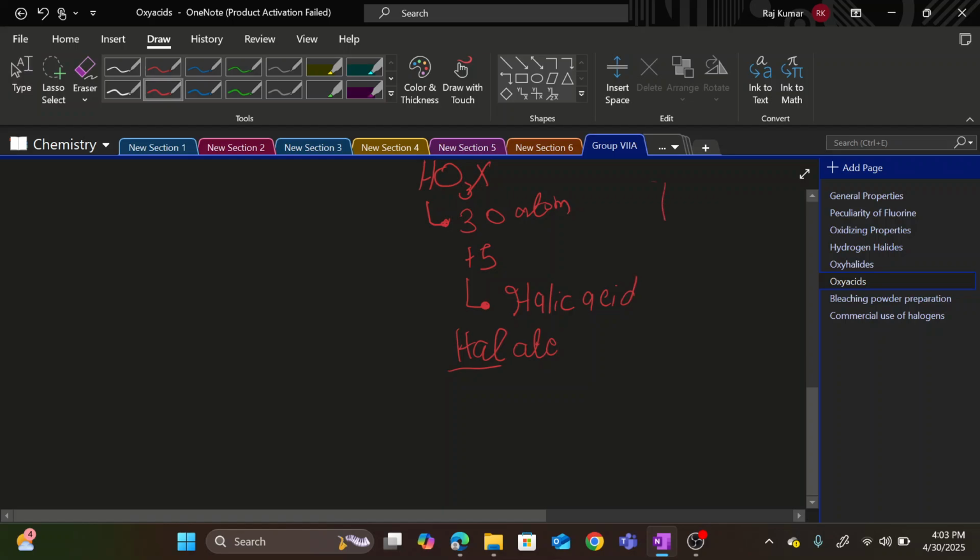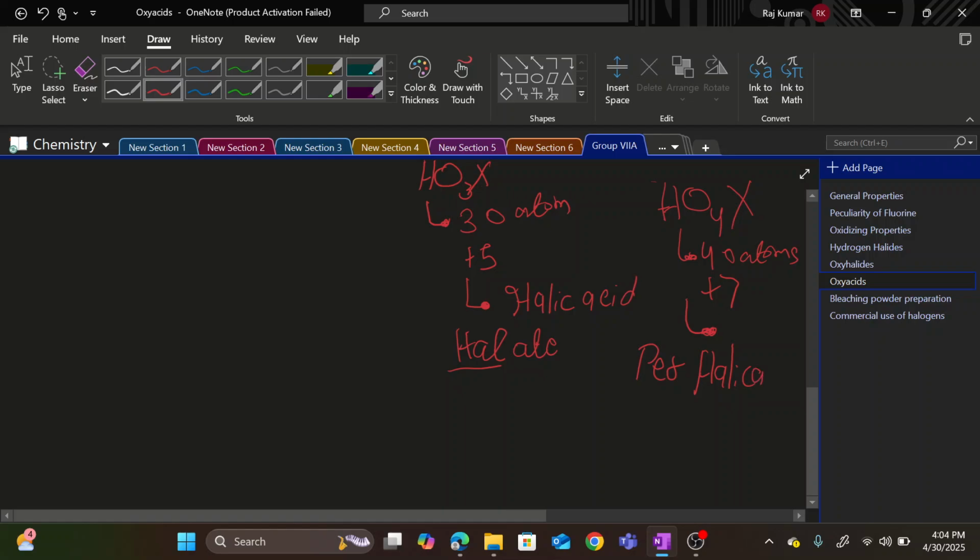And on the contrary, if we are having, let's say, four oxygen atoms, then at that point there would be plus 7 oxidation state, and this would be named as perhalic acid.